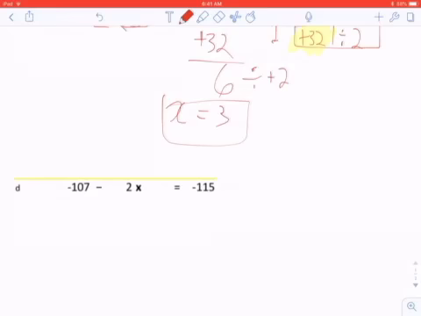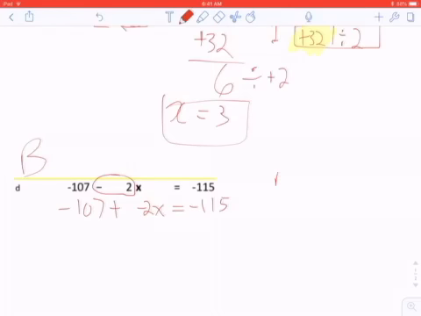Again, this is from set B. Negative 107 minus 2x equals negative 115. Negative 107 plus negative 2 multiplied by x equals negative 115. So I have to interpret minus 2x as adding negative 2 multiplied by x.